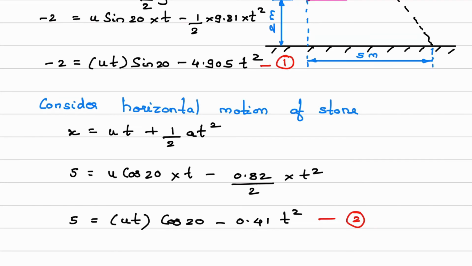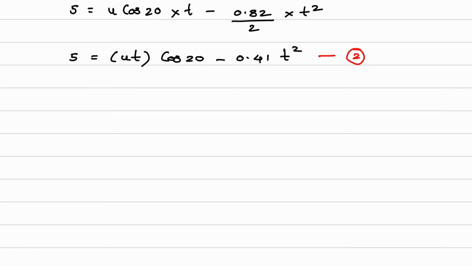Now solve equations 1 and 2 simultaneously on an engineering scientific calculator to calculate the ut and t square values. So I'll write it down: solve 1 and 2 simultaneously in the calculator.